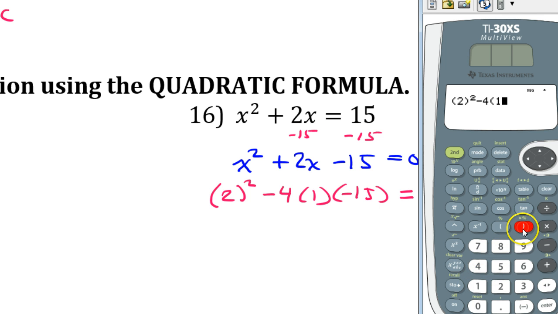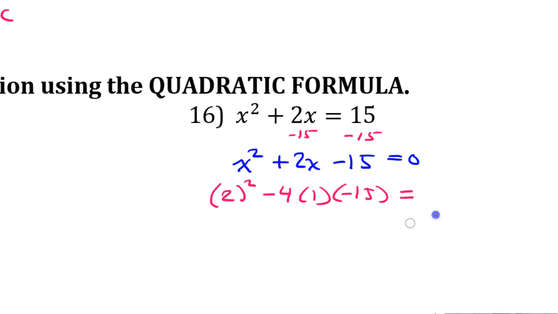Again, you don't need to put the 1. I'm just doing it so you can see the b squared minus 4ac. I don't want to confuse anybody, but I also feel silly multiplying by 1 when everybody knows that that doesn't do anything. So 64 is the discriminant.